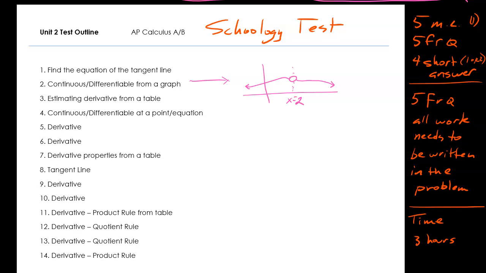But say you have a graph like this. The question you're going to be asked is, discuss the continuity and differentiability at x equals 2. Obviously it could be a different spot, and the picture could look totally different.